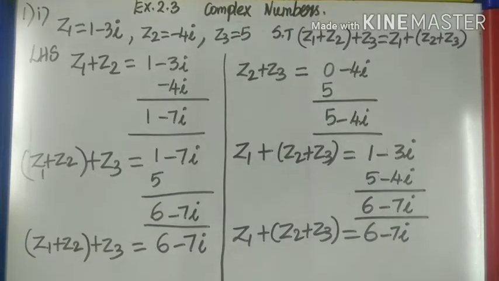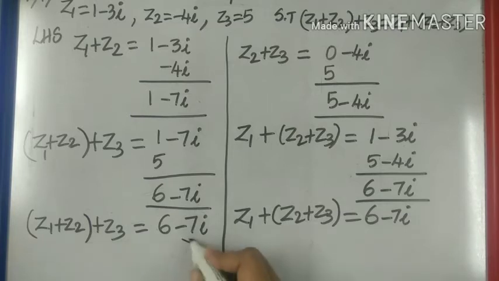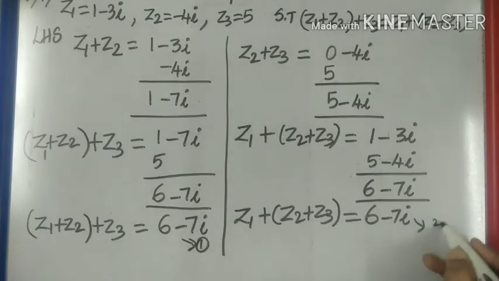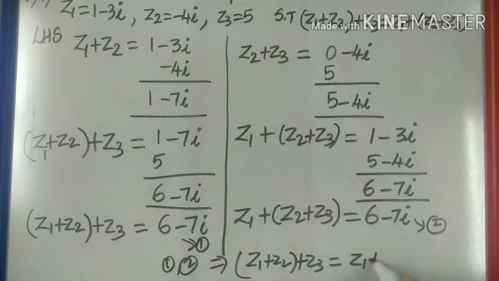So we are able to show LHS equal to RHS. Call this 1 and this 2. 1, 2 implies (Z1 + Z2) + Z3 equals Z1 + (Z2 + Z3), and this we say associative law is true for addition of complex numbers.